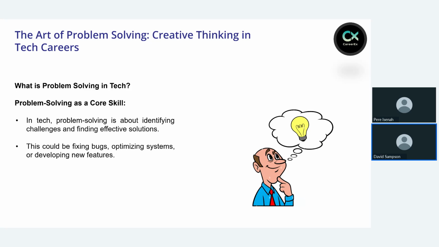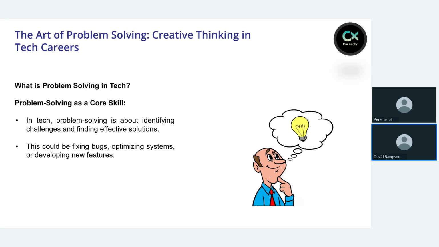Now, in tech, problem solving involves identifying challenges, understanding the root causes, and developing innovative solutions. Not just the grammar, but meaning being able to look at a challenge. It could be in tech, it could be how to use tech to solve it.